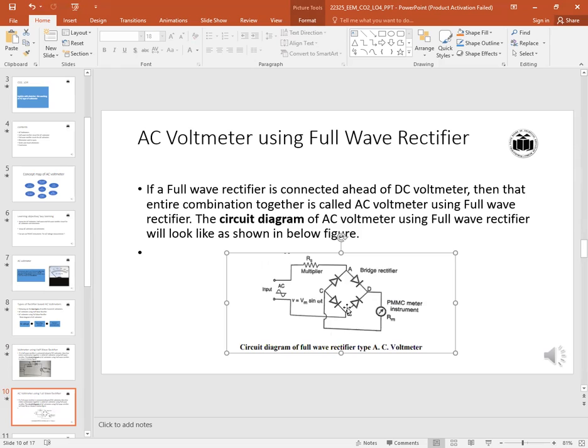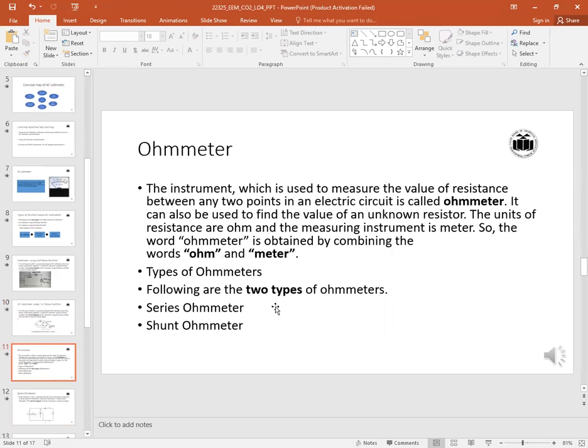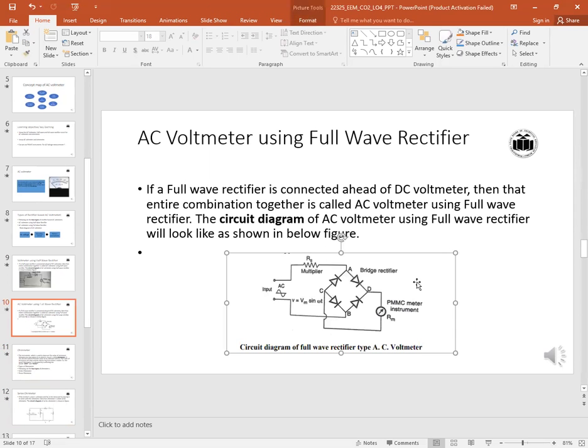So in this diagram we can see again the same multiplier is used, input is given, and here a bridge rectifier, or it is also called the full wave rectifier, is used, and here we are using the 4 diodes. And corresponding to this, we can use the PMMC meter to measure the quantity. So this is nothing but our full wave rectifier.